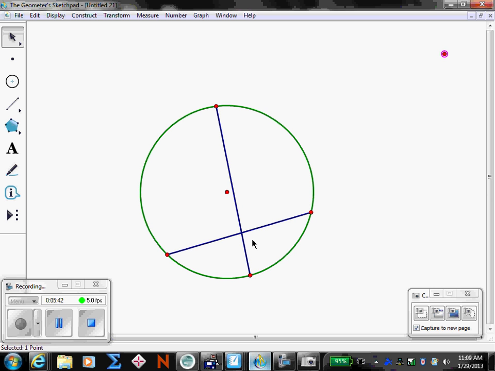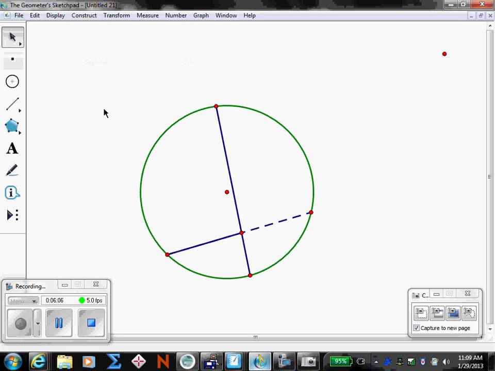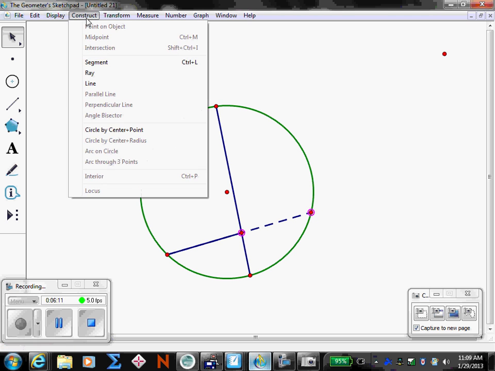You know that adjacent angles are supplementary. But let's look at the measure of the angle that I just constructed here. So I'm going to put the intersection point in the middle, and then I'm going to measure the angle. So I am going to have to highlight the segment. See, I'm going to construct all of these as segments.